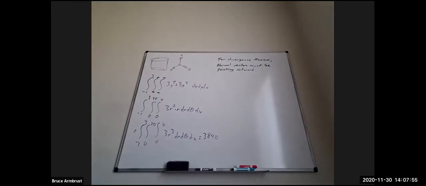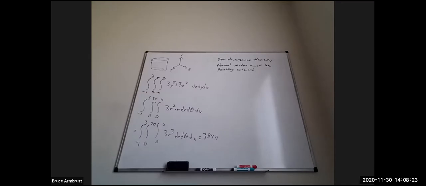Okay, so we know that surfaces have orientation, right? You can have orientation one way or the other. And in this case, you definitely need to have orientation outward. All right, so let me show you another example.